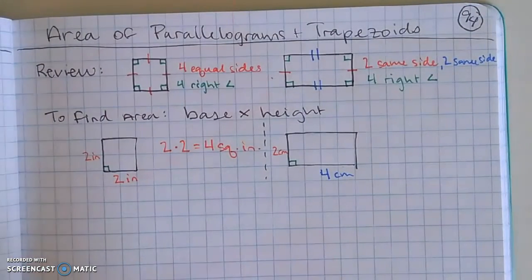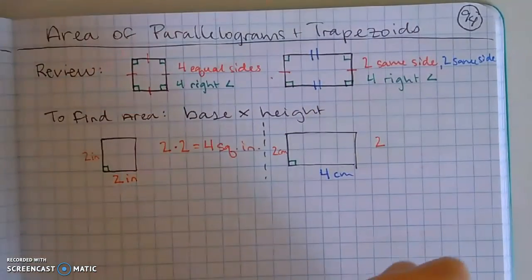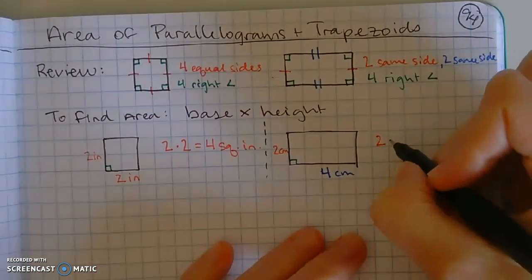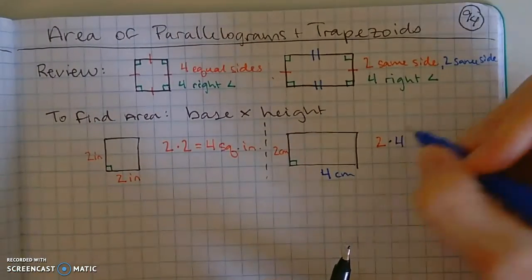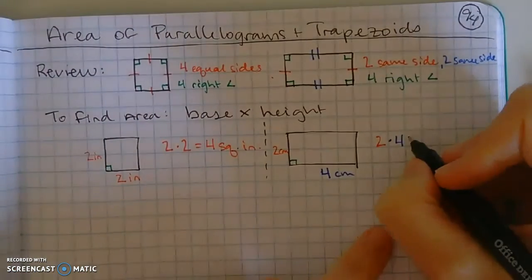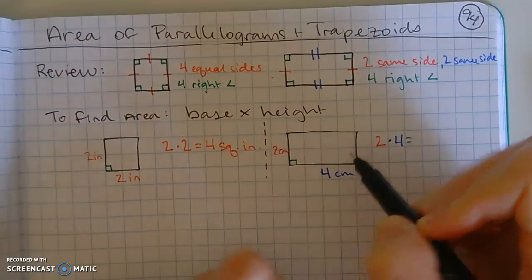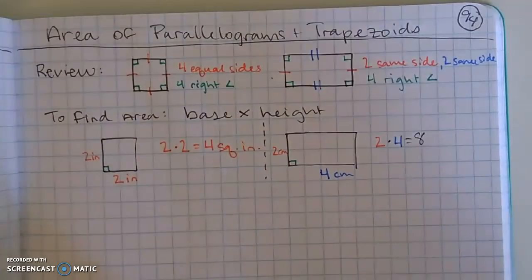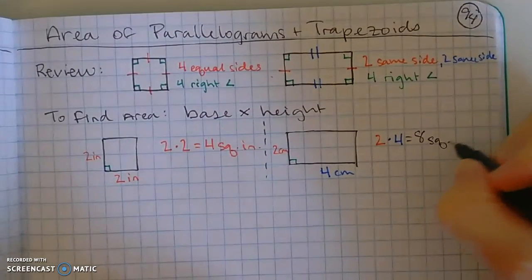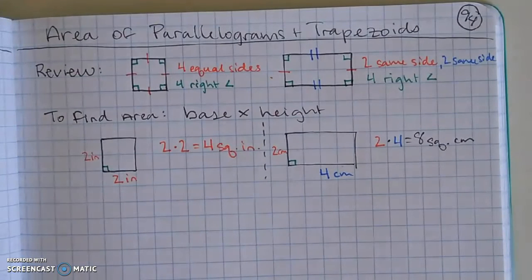Now I can multiply 2 times 4, and that's going to equal, I can either just count or multiply, 1, 2, 3, 4, 5, 6, 7, 8. And I'm doing square, so I'm going to have square centimeters. So that is how we find the area of those 2 shapes.